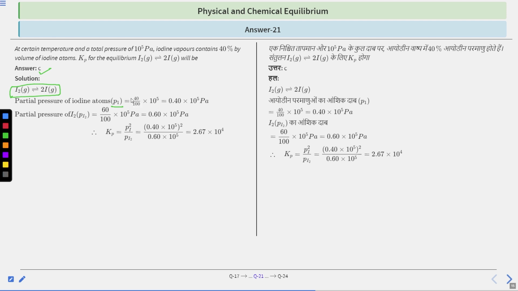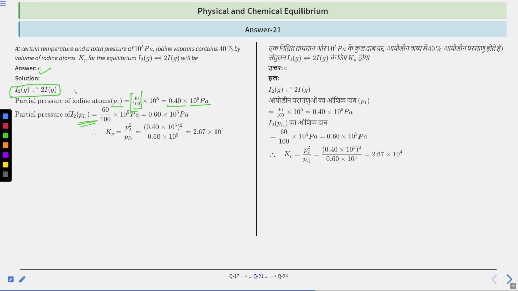So this is basically the fractional ratio multiplied by the total pressure equals the partial pressure. We use this concept, and the partial pressure of iodine atoms is 0.40 multiplied by 10 to the power 5 Pascal.